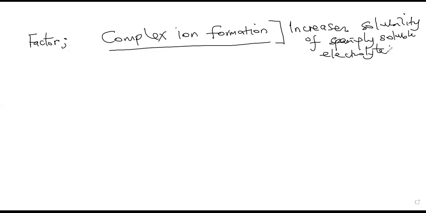So we are going to see how it happens. For example, I am going to use a question, because these questions can appear in observations. They can say that copper 2 iodate is more soluble in ammonia solution than in water. Explain the observation. That is exactly how these questions can appear.